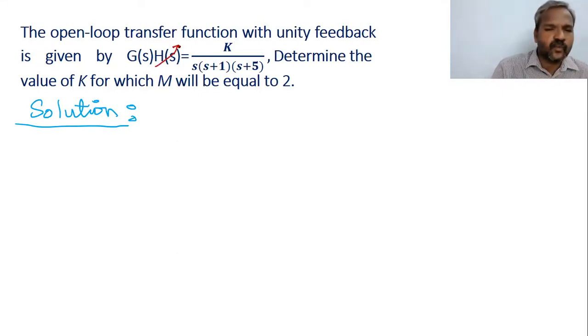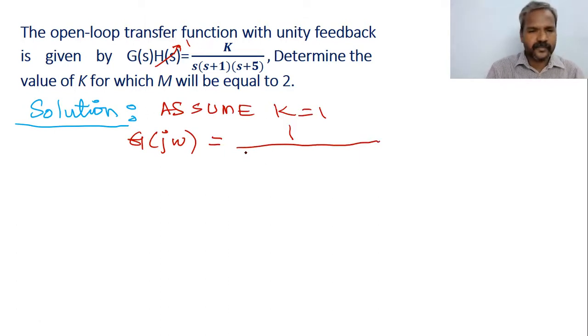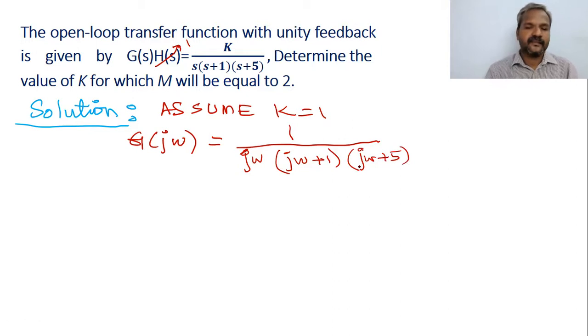H of s is 1, so G of j omega, assuming K equal to 1, equals 1 divided by j omega into j omega plus 1 into j omega plus 5.